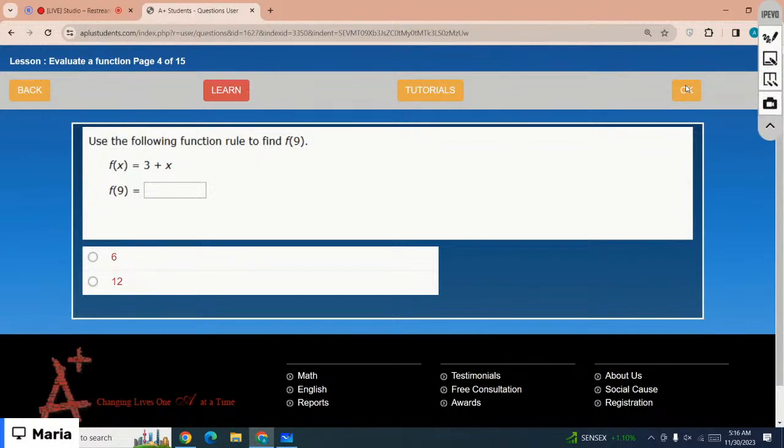So the correct option is, yes, the correct option is 12. When you evaluate the function on f of 9, the correct option is 12, right?